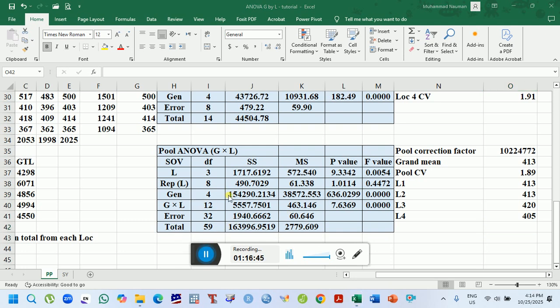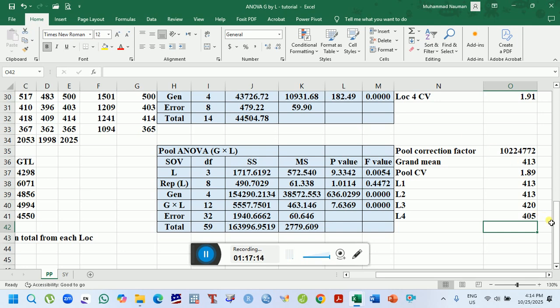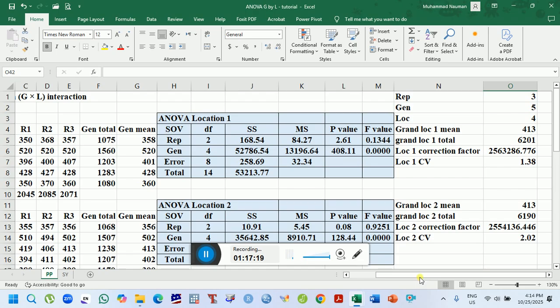Okay, before saying goodbye, I will show you that this calculation is done only for one trait, and now we will put in the effort for all traits. We only put in the replication entries, and we get the whole calculation very easily, and no recalculation will be required.